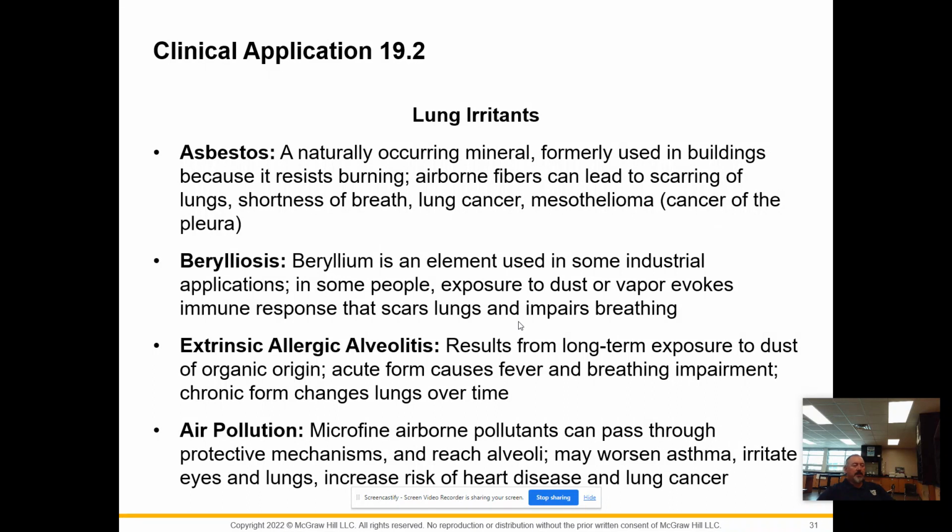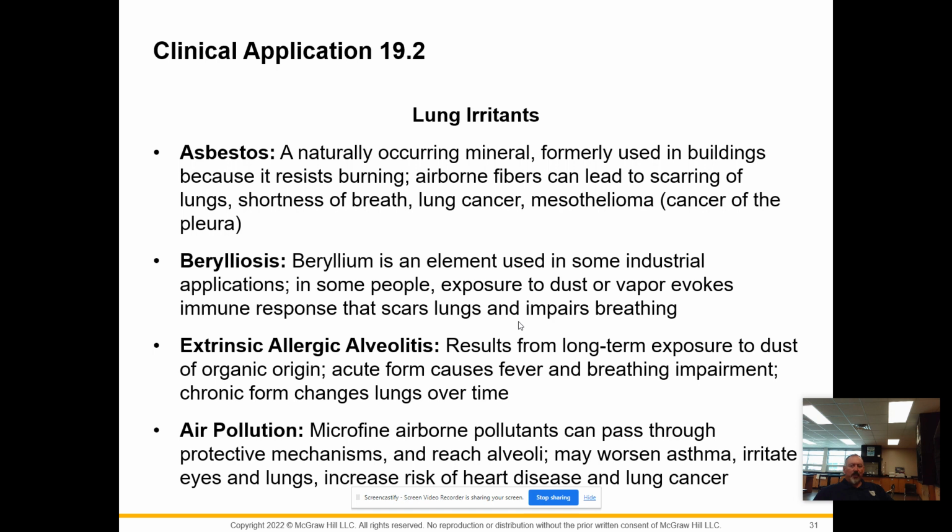All right, lung irritants. You've heard of asbestos before, and you may not know what asbestos is. Asbestos was used as a building material. It's a naturally occurring mineral, so this isn't the devil by any means. It's just a mineral that doesn't really burn much, and so it was great for building whenever they found that it was useful.